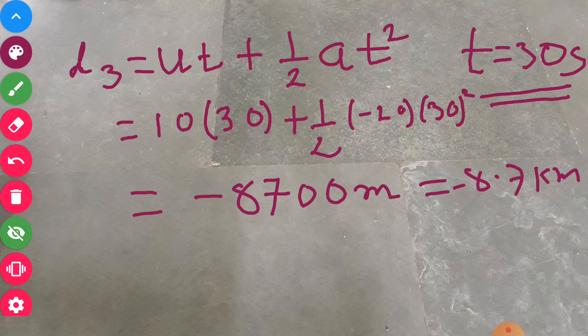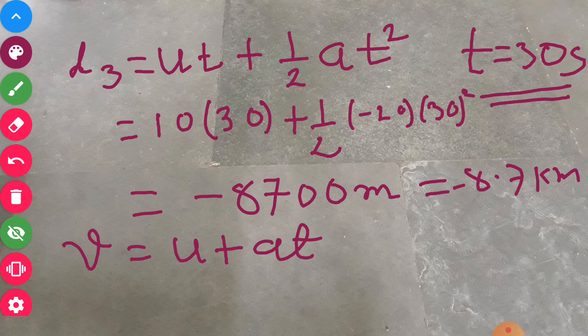Now after 30 seconds the motion is with constant velocity, but because of the force its velocity has changed. So at 30 seconds its velocity can be found by v equal to u plus at.